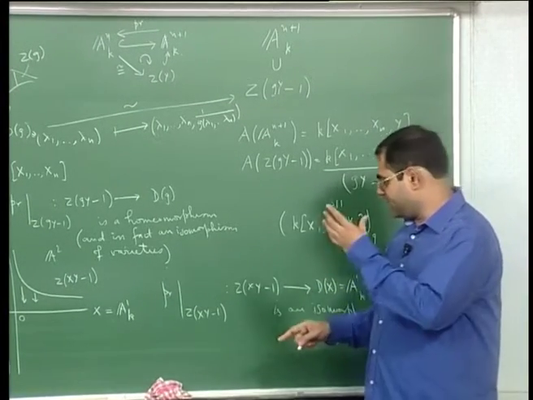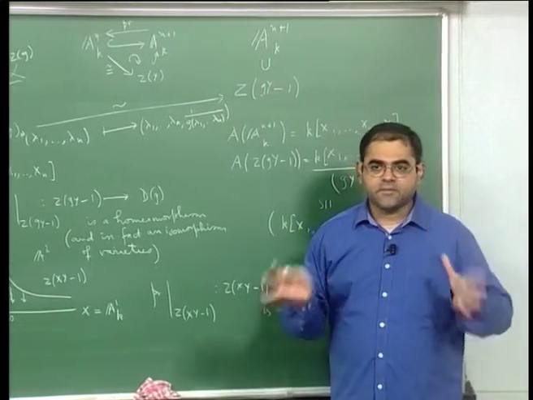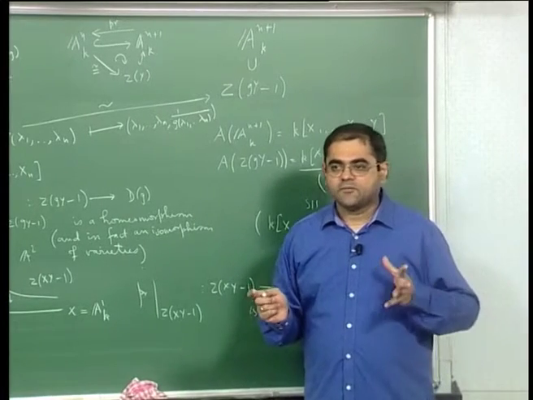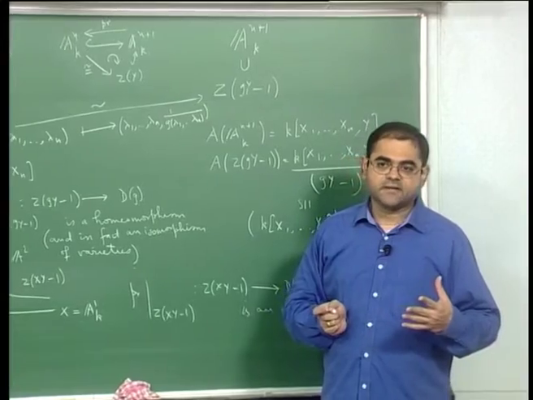And the fact that this is an isomorphism of varieties is a geometric fact. What is the translation of this fact into commutative algebra?